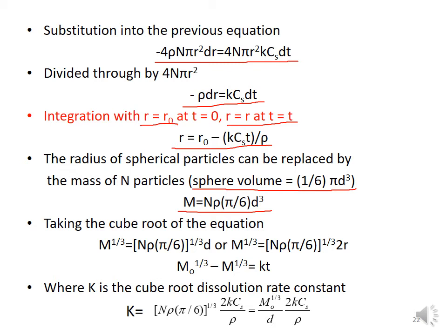If we take the cube root of the previous equation, we obtain the Hixson-Crowell model: M naught, the original weight undissolved, to the power 1/3 minus the weight undissolved to the power 1/3 at a certain time equals constant k multiplied by the time, where k is the cube root dissolution rate constant and is shown in the following equation.